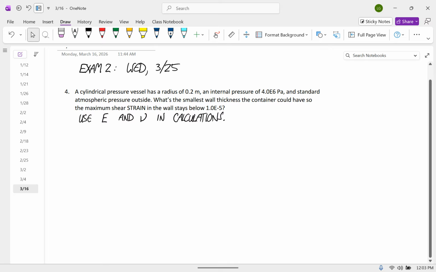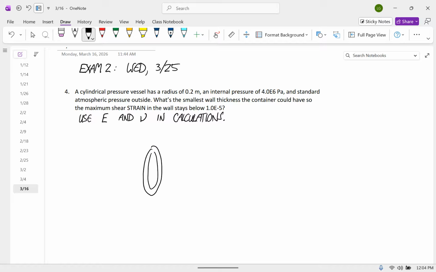But okay, we have a cylindrical pressure vessel, and the stresses we have. So we have a pressure in like this, force or stress around the rim like this. Those have to equal each other for this to stay in static equilibrium.